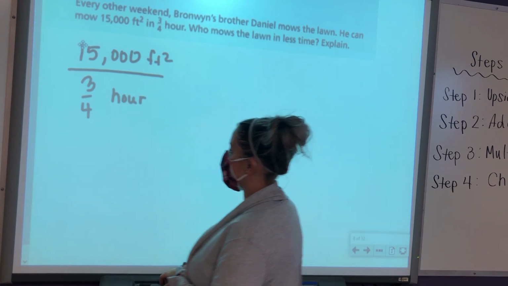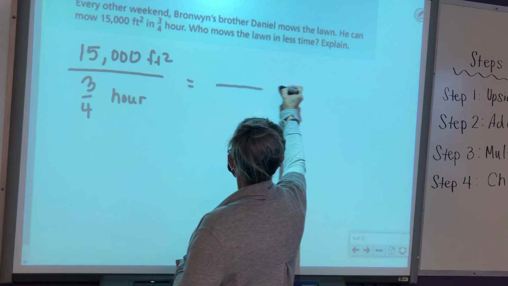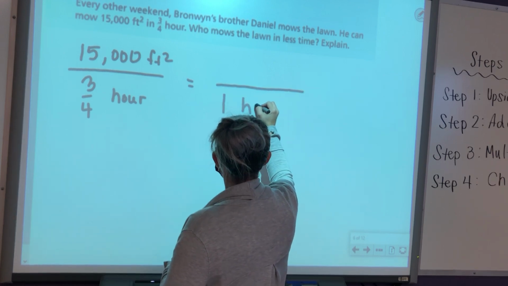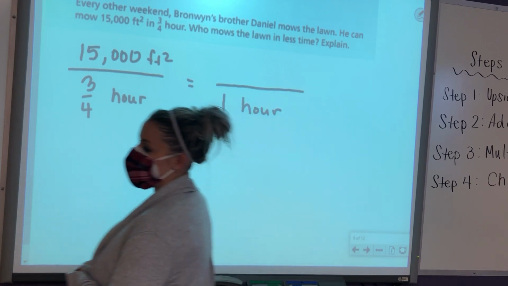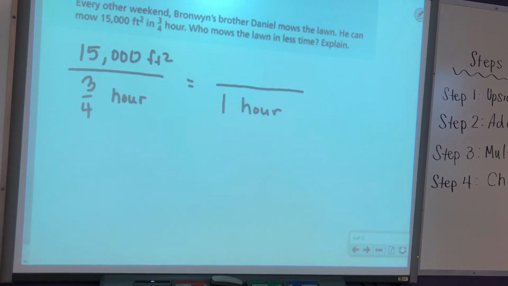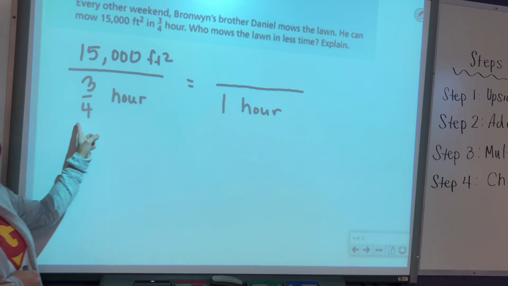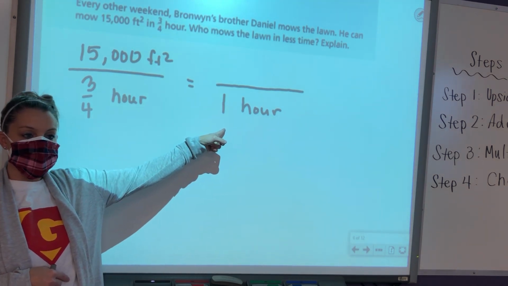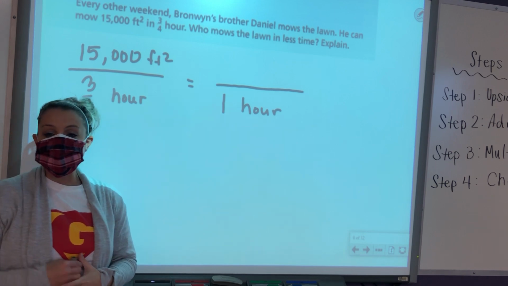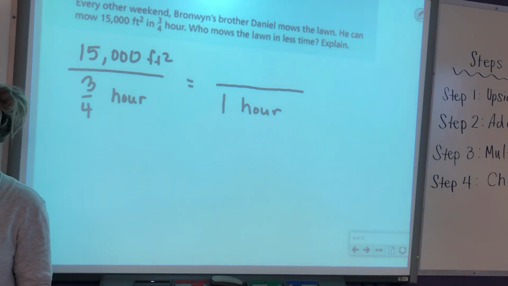Let's think about it logically. Could I get here? Kind of, if you divide by 3, not by 4. What would I have to divide 3/4 by to get here? 3/4. Any number divided by itself is 1.